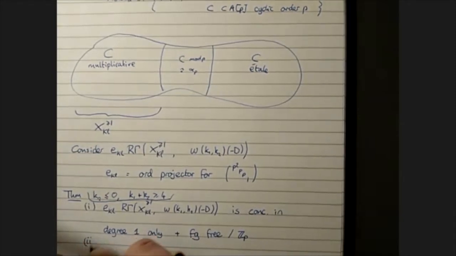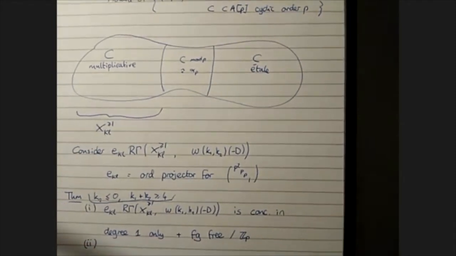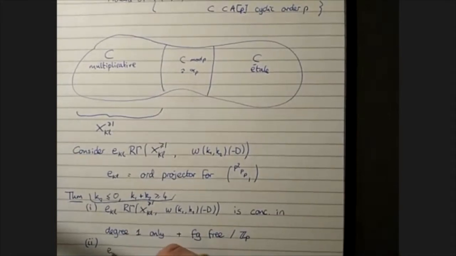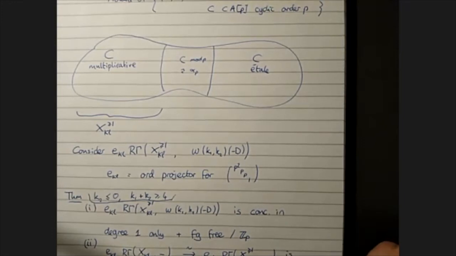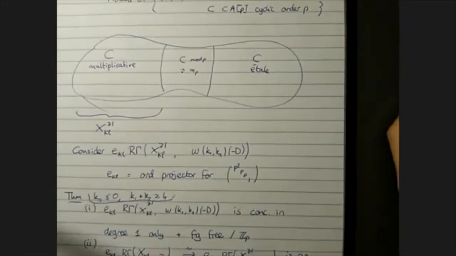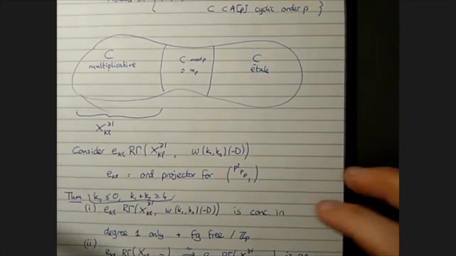And 2, this guy is isomorphic to the classical cohomology, so the restriction from the cohomology of this whole blob to just this part over here induces an isomorphism on the Klingon small slope part.